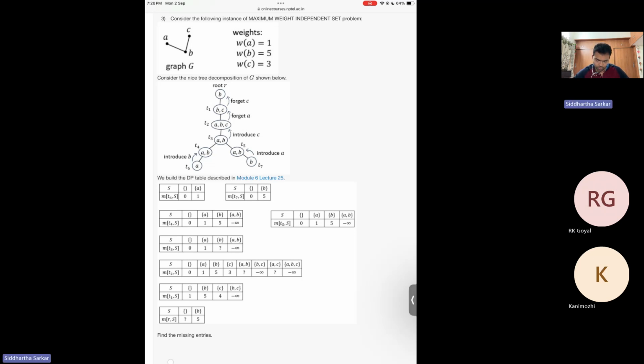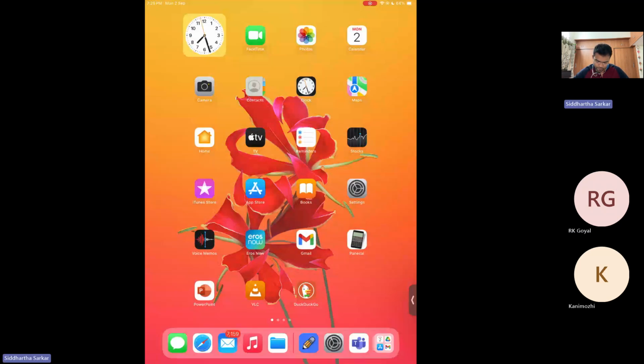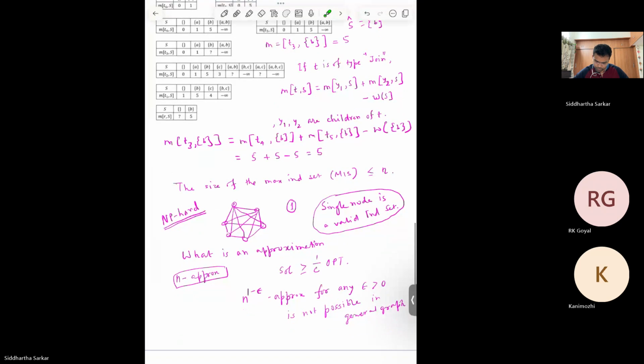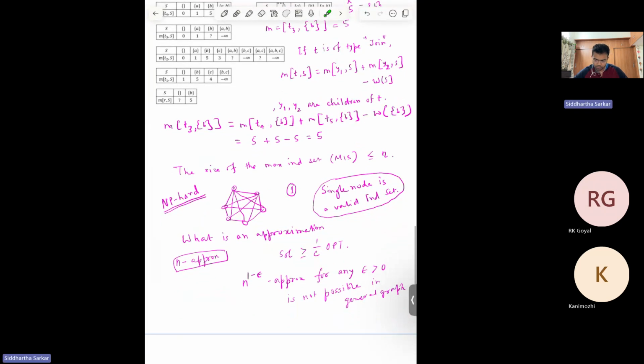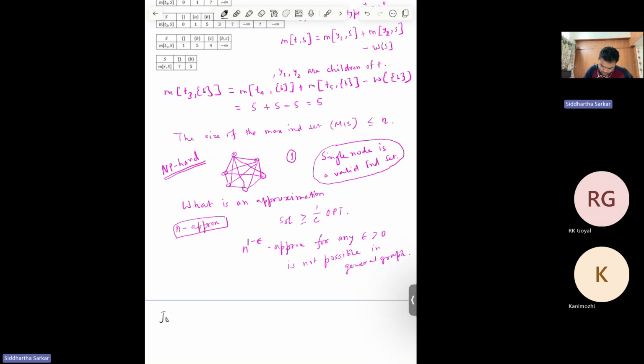Oh, so I found out something more interesting. This proof that there is no 1 minus epsilon approximation for the maximum independent set in a general graph is due to Johan Hastad, and there's a paper.